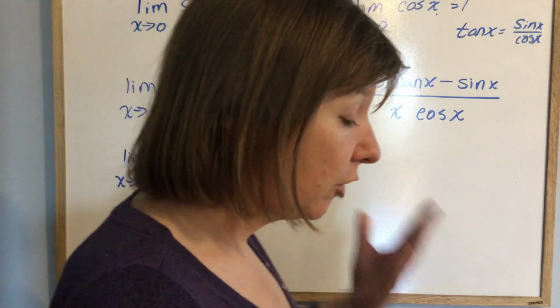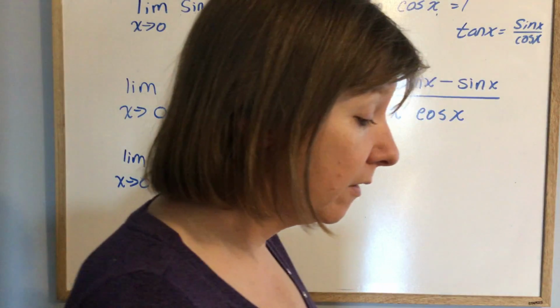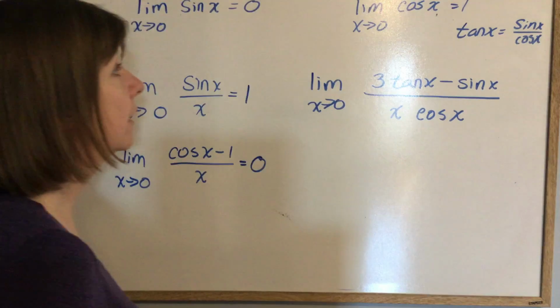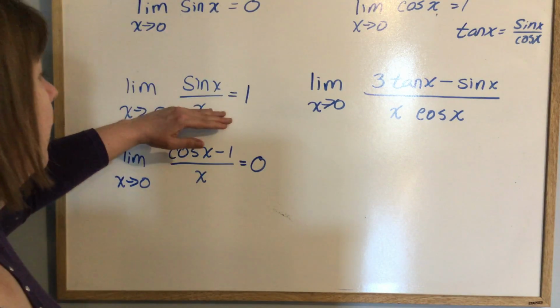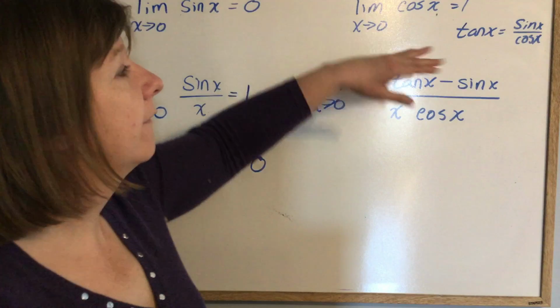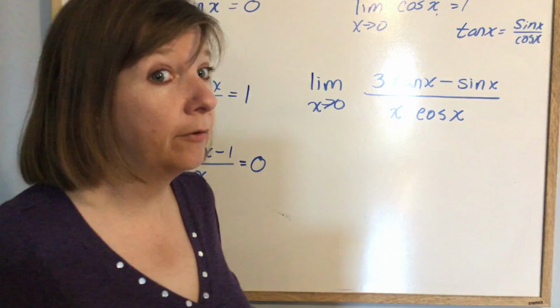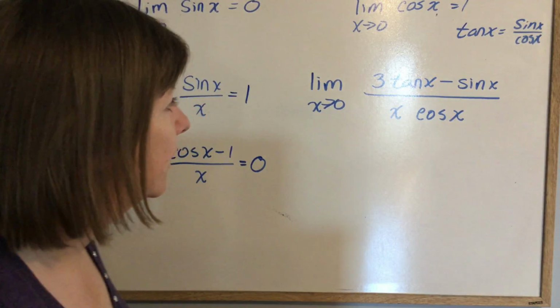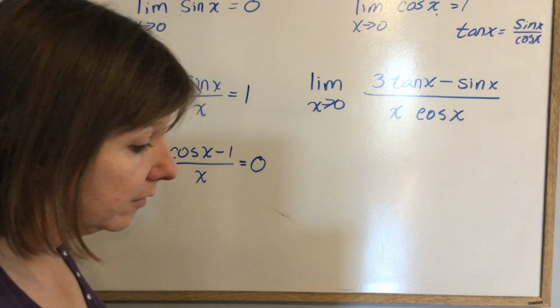So the strategy here is to express the function in terms of sine and cosine, because all the limits I know have sine and cos in them. None of them have tan in them at all.